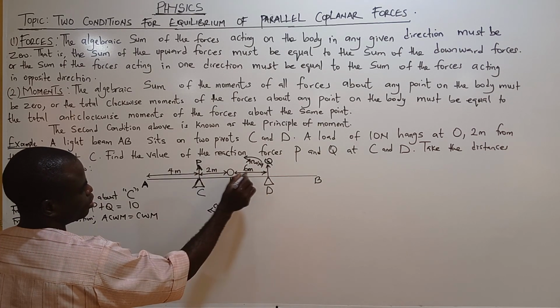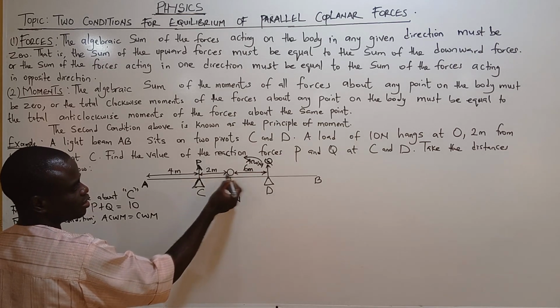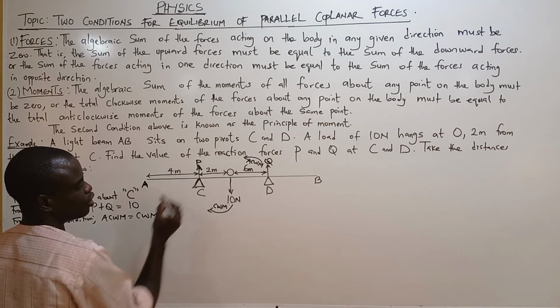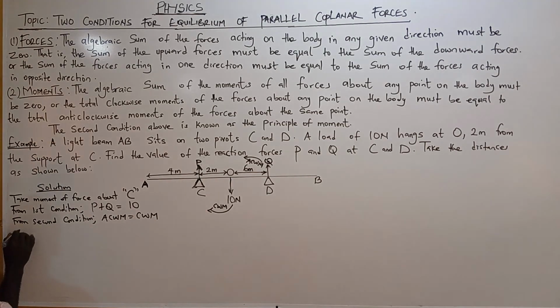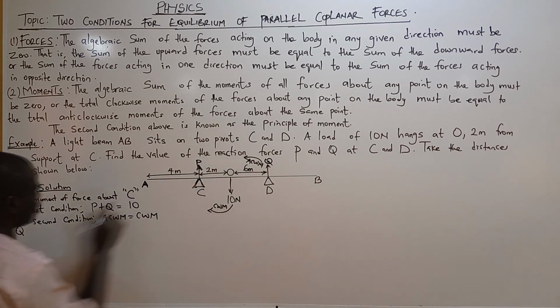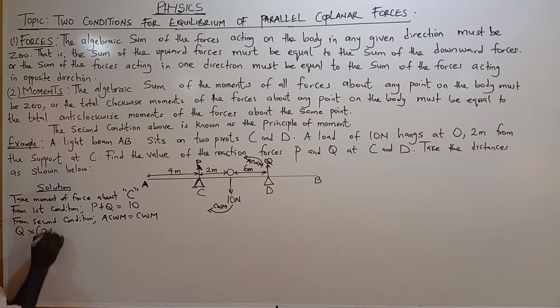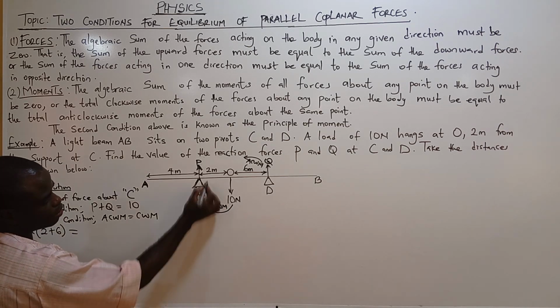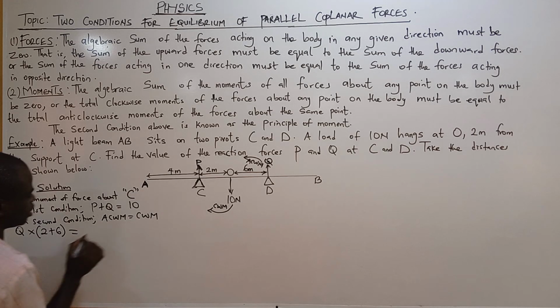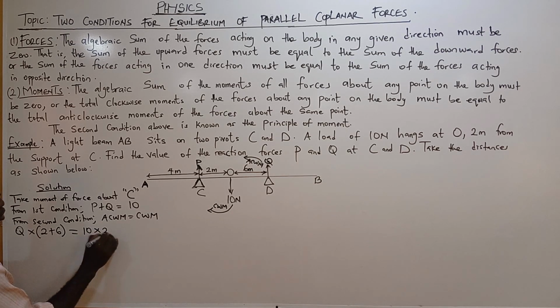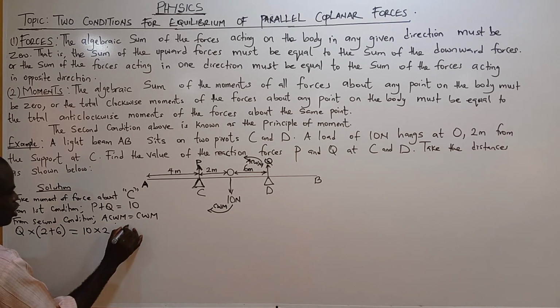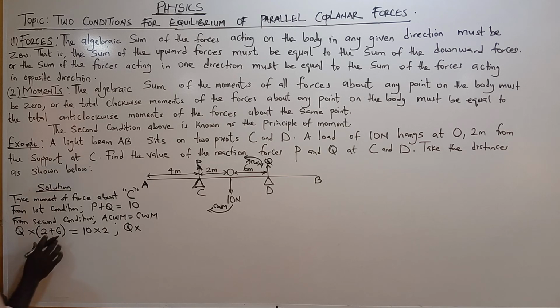Q times 6 plus 2, because this is the distance. 6 plus 2 will give us the distance before we get to point C. Q, which is the force, times the perpendicular distance, 6 plus 2, equals, let's go to clockwise moment, 10 times 2. Force times perpendicular distance, 10 times 2. Solve the bracket before the multiplication.